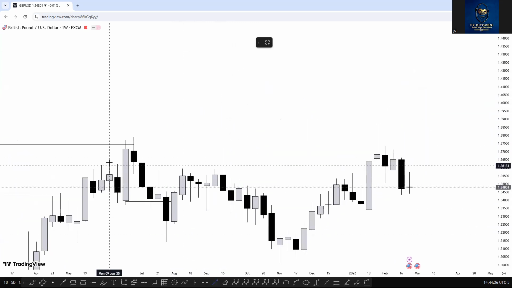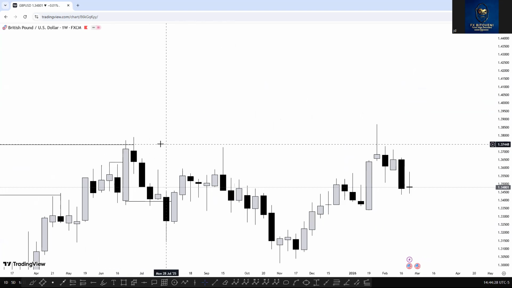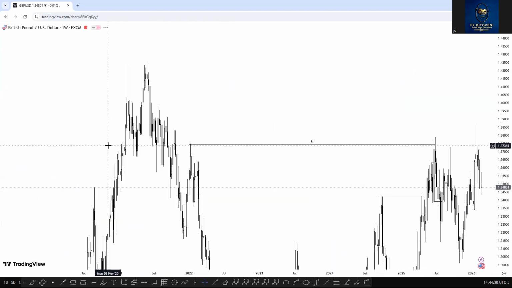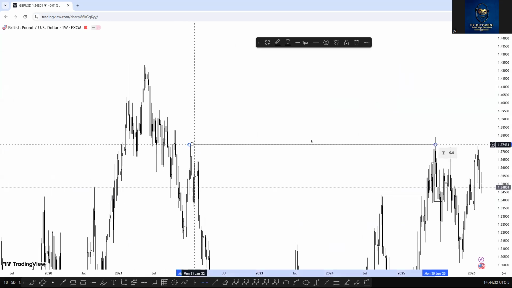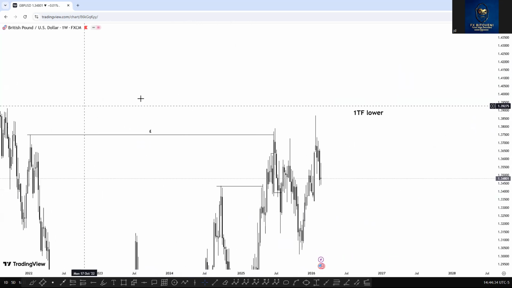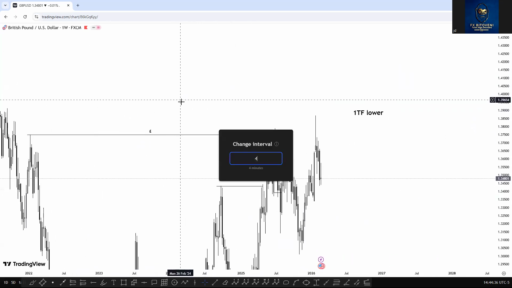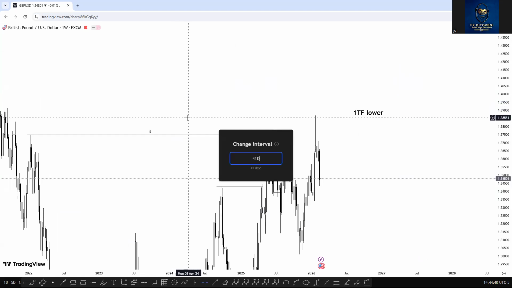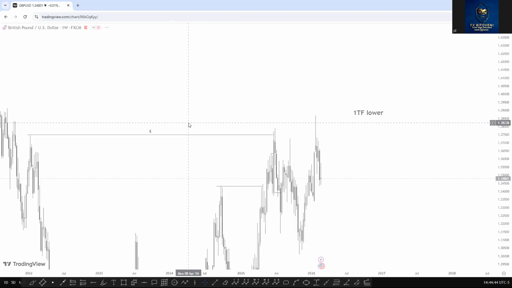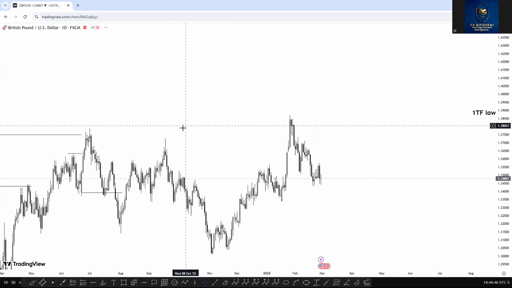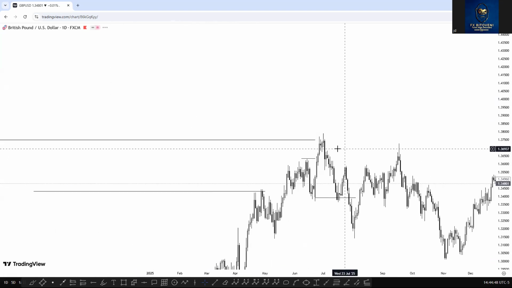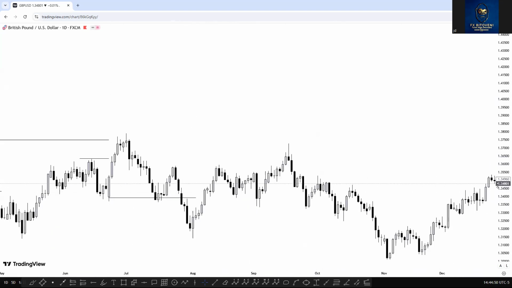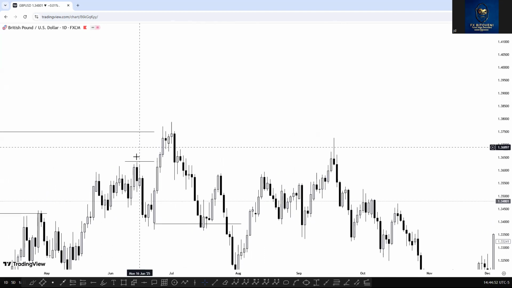Then here, at the same time taking this liquidity, you go to daily, one time frame lower, see what happens.